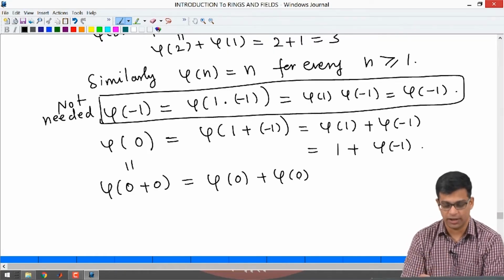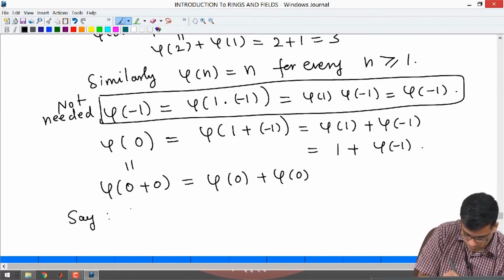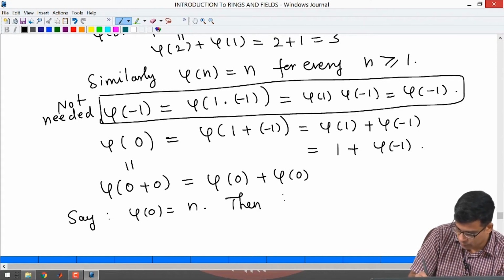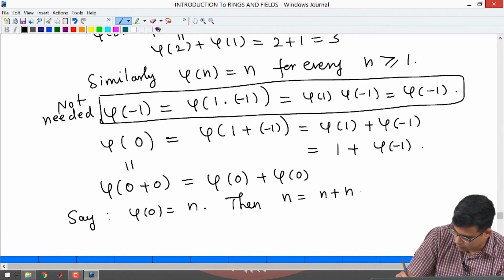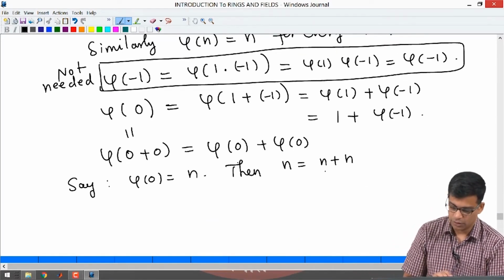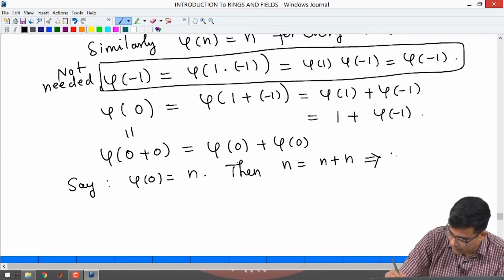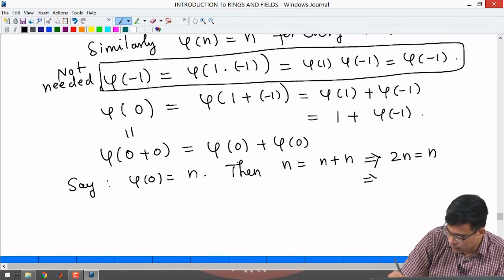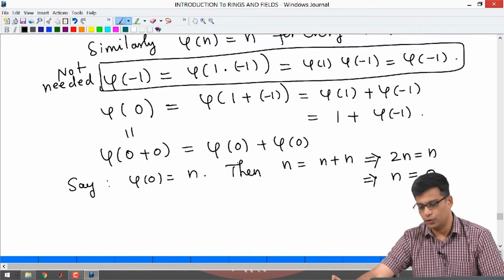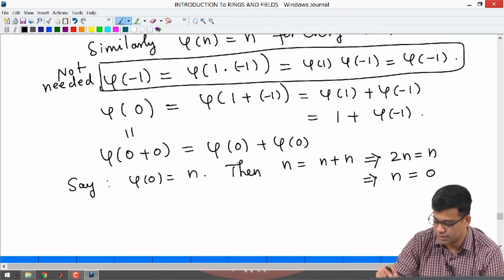But now, what integer has this property? You have some integer, let us say phi of 0 is equal to some n. Okay. So, then we have n equals n plus n, right. But once n is equal to n plus n, that means 2n equals n, that means n is 0, because if you have any integer which twice that is equal to itself, n must be 0.